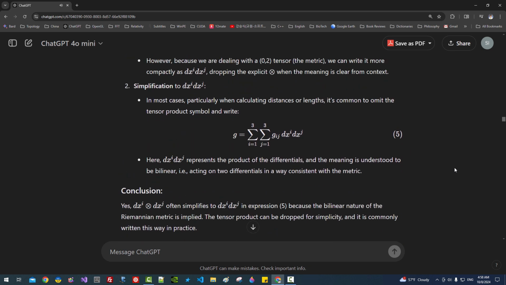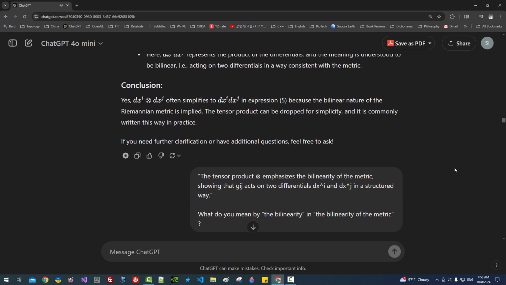2. Simplification to dx^i dx^j. In most cases, particularly when calculating distances or lengths, it's common to omit the tensor product symbol and write g equals the sum over i equals 1 to 3, sum over j equals 1 to 3, of g_ij dx^i dx^j. Here, dx^i dx^j represents the product of the differentials, and the meaning is understood to be bilinear, i.e. acting on two differentials in a way consistent with the metric.